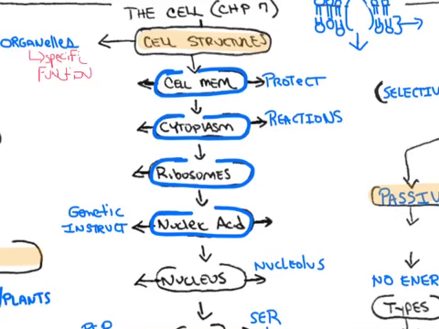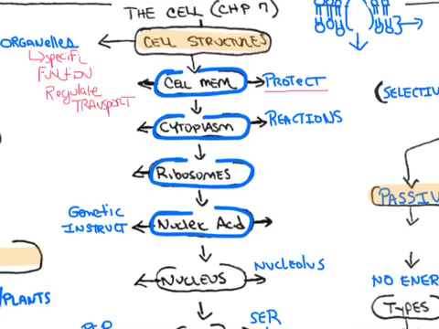However, the structures you see circled here in blue are found in all cells, both prokaryotic and eukaryotic. The cell membrane, which is found in all cells, its job is to protect, and its job is also to regulate the transport of material into and out of the cell. This is one of the ways the cell can maintain homeostasis.